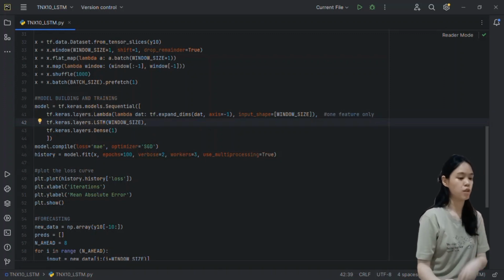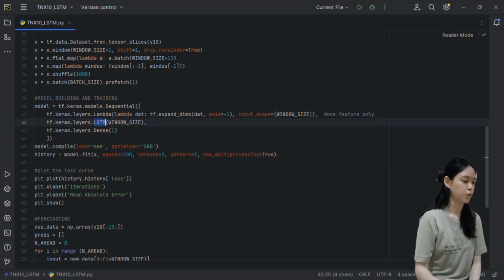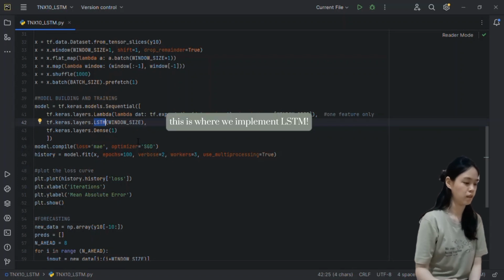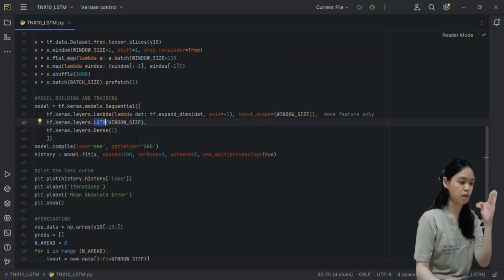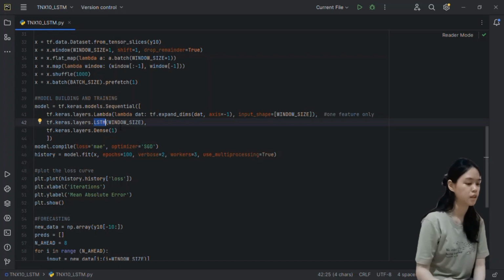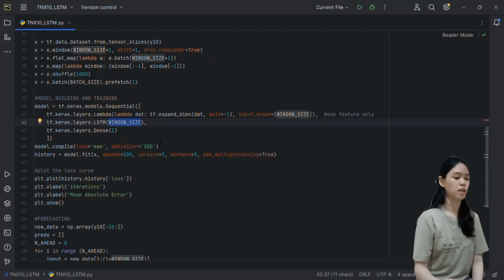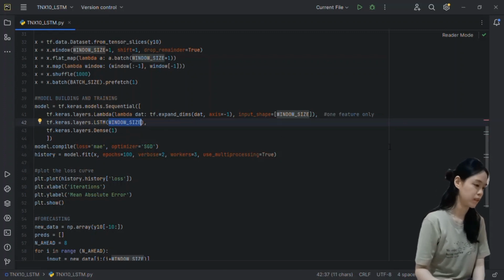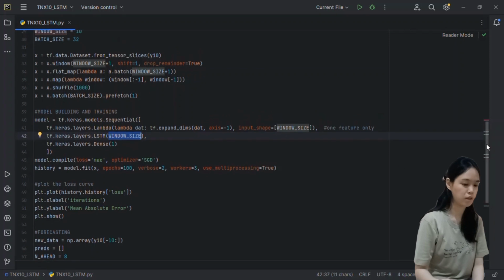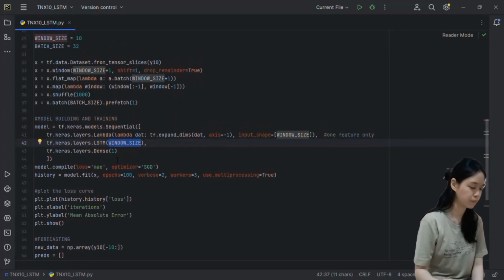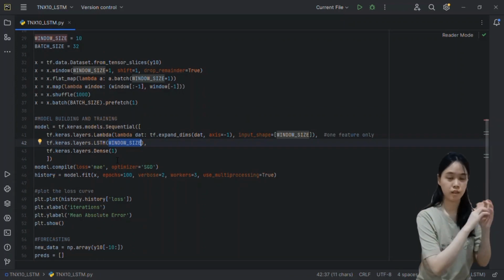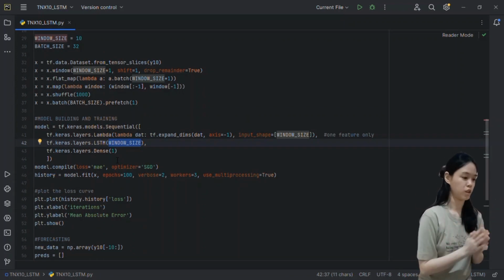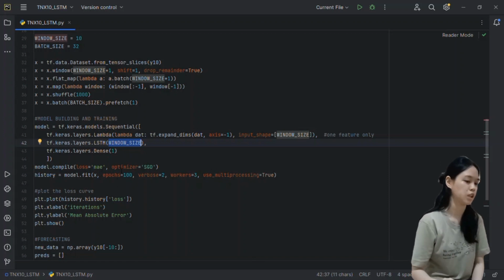Okay, and then after adding a dimension, we go into our LSTM layer. It's a simple neural network since we have only one layer of LSTM, and the total unit to make a layer is the window size. I set it to be equal to the window size, which is 10. So there will be 10 rectangles that you've seen earlier in the slide picture to make a layer.